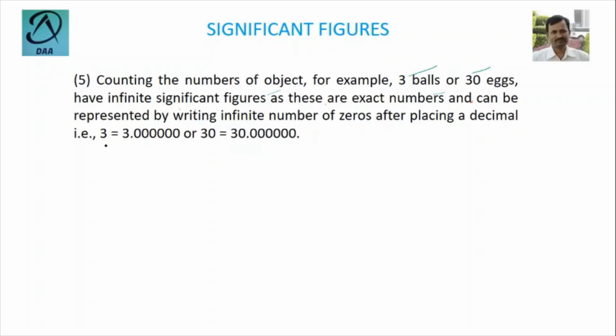That means 3 is equal to 3 point, and so many zeros you can add, and for 30 also, after 30 if you put the decimal point, so many zeros you can put. So these all have infinite significant figures for counting the number of objects, in this case 3 balls or 30 eggs, whatever you count.